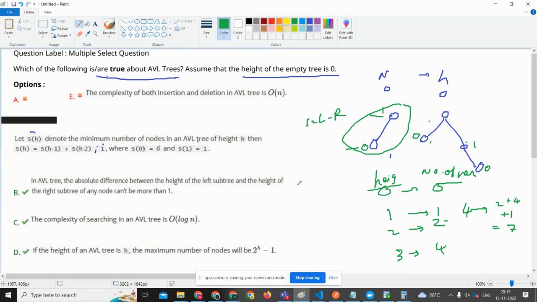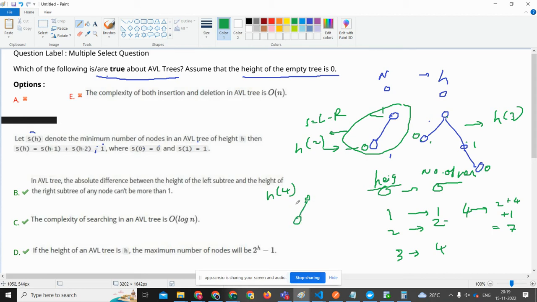The idea here is why it is +1. Let's say I want to draw the AVL tree: this is the AVL tree of height 2, and this is the AVL tree of height 3, correct? If I want to draw an AVL tree of height 4, how will I draw it? Simple.